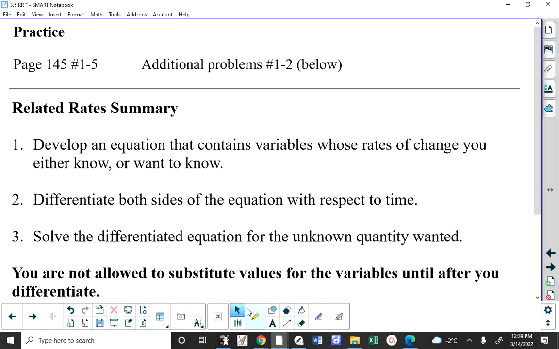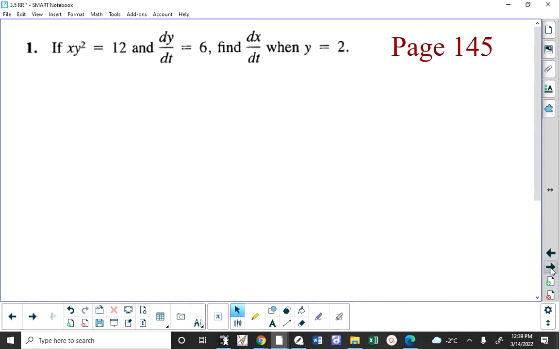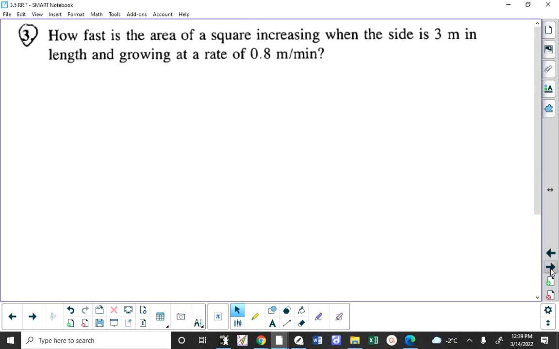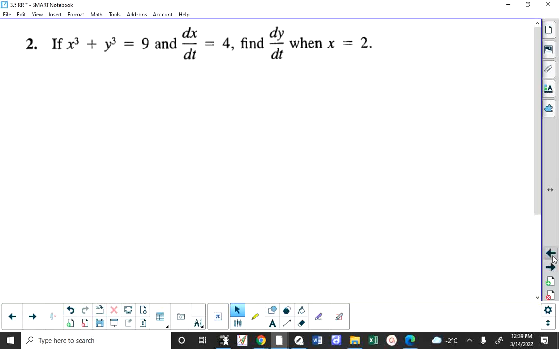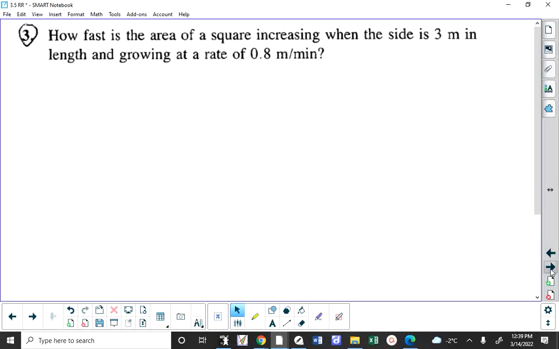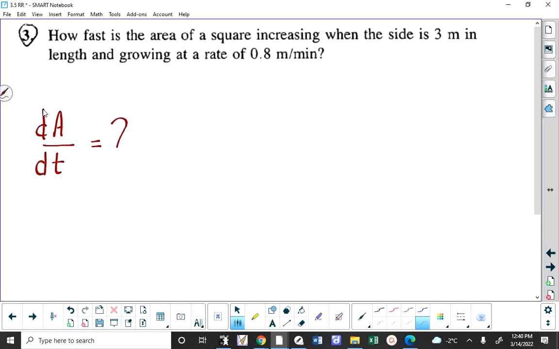So for example, we can do a specific question here. I don't want to do the textbook ones dealing with x cubed plus y cubed, all that stuff. Let's take a look at a question like number 3. It says, how fast is the area of a square increasing? So if I stop right there, you're asked to find the dA/dt.